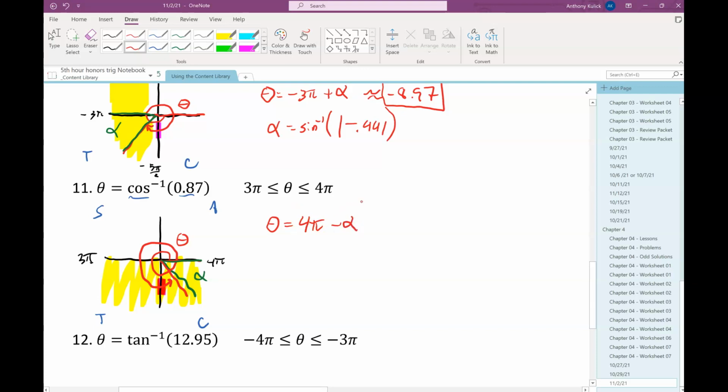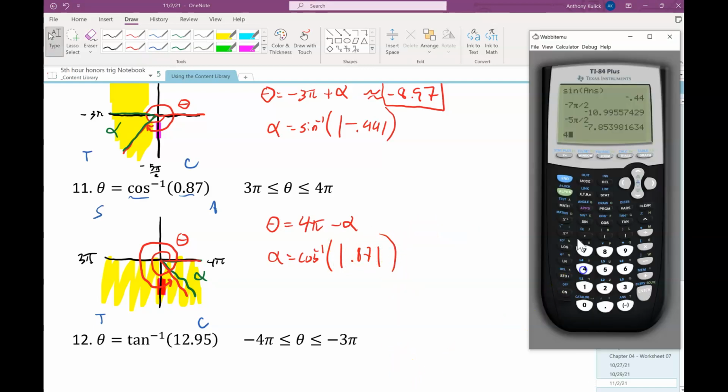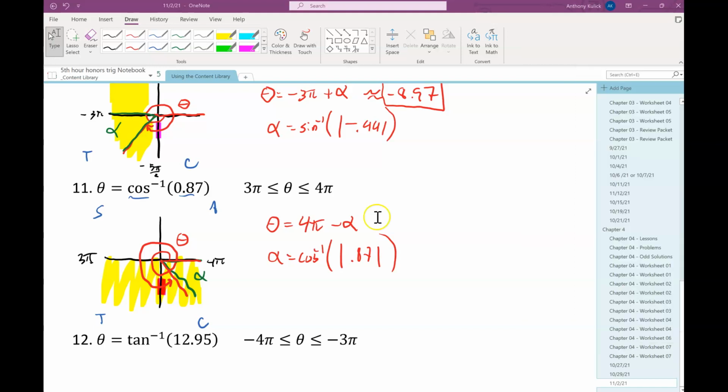So 4 pi minus alpha, where our alpha again is cosine inverse absolute value 0.87. And then calculator time. So I get 1205.